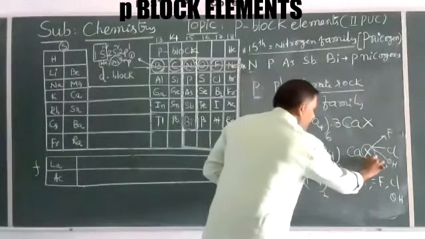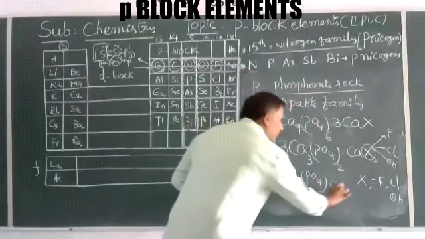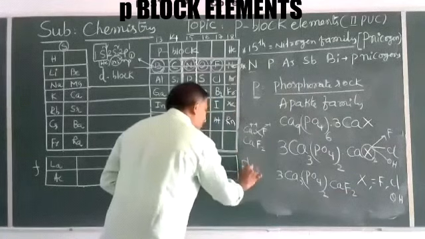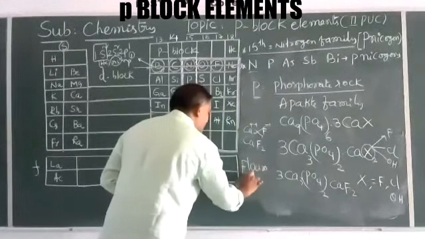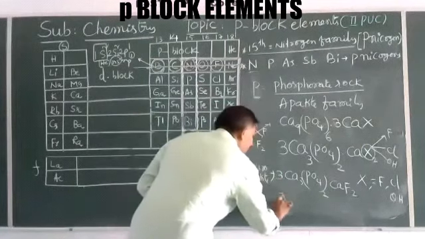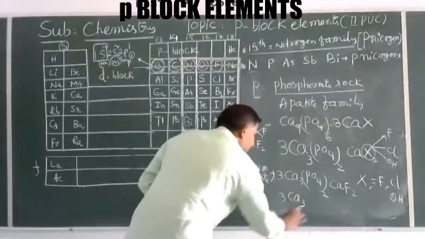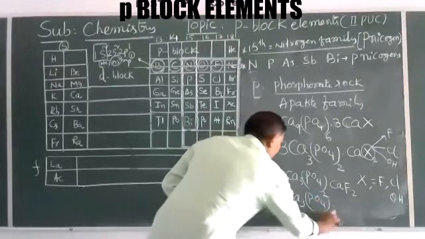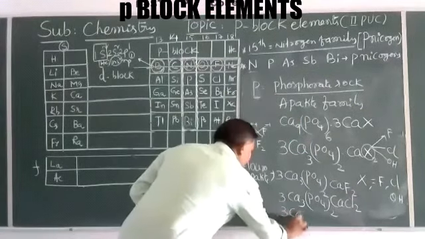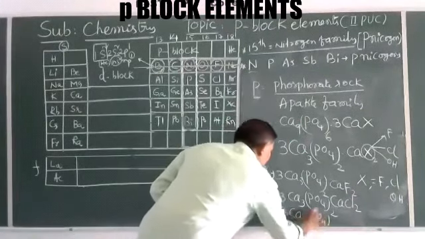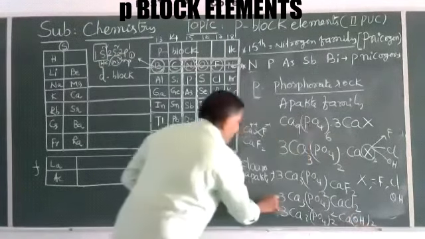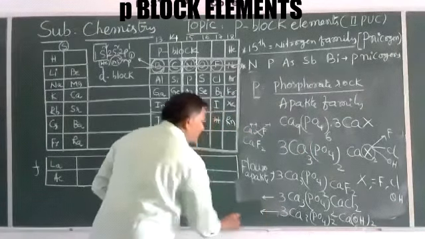Now its formula is Ca3(PO4)2·CaF2, so its name is fluoroapatite. Similarly, Ca3(PO4)2·CaCl2 is chloroapatite. And 3Ca3(PO4)2·Ca(OH)2 is hydroxyapatite.